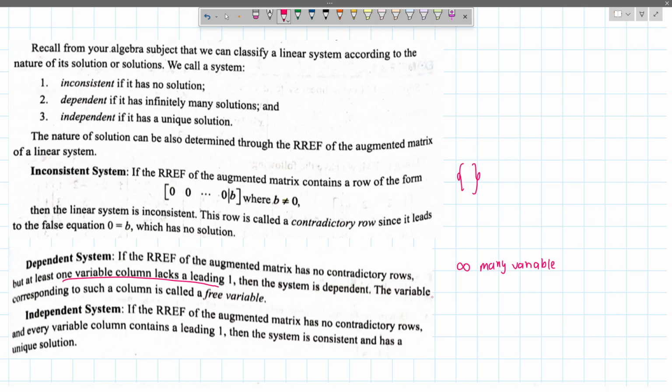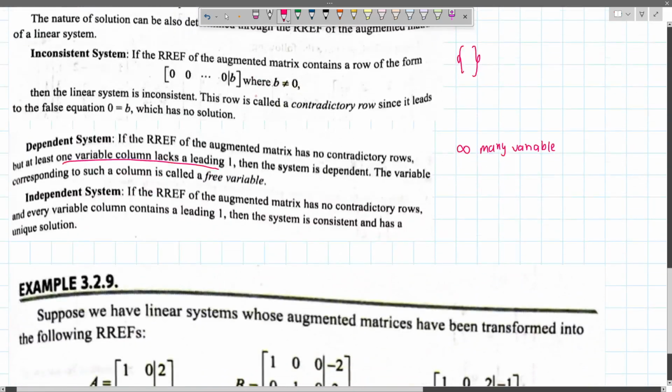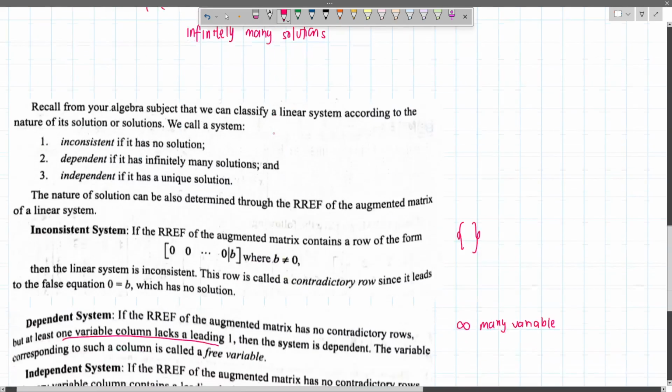The variable corresponding to such a column is what we call a free variable. This is an example of a dependent system because the variable z doesn't have a leading one. So z is our free variable.